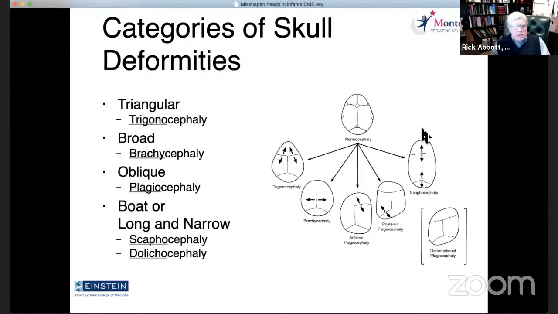When examining these children, it's best to look from the top down onto the vertex of the skull. You can see the normal head or the various craniosynostoses or the deformational plagiocephaly all have characteristic shapes. One does not need to get x-rays or CAT scans on children that are being evaluated for skull abnormalities. All one needs to know is the patterns that are characteristic for the various conditions.